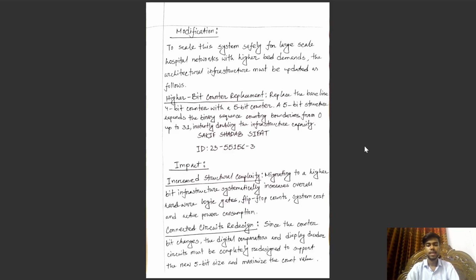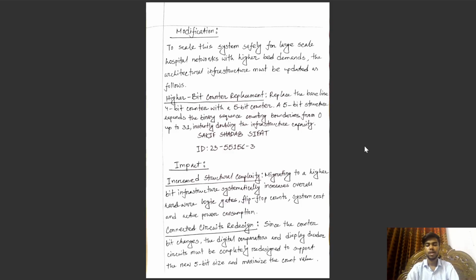So lastly, the impact, which is increased structural complexity. It says migrating to a higher bit infrastructure systematically increases overall hardware logic gates, flip-flop counts, system cost, and active power consumption. And the other one is connected circuits redesign.